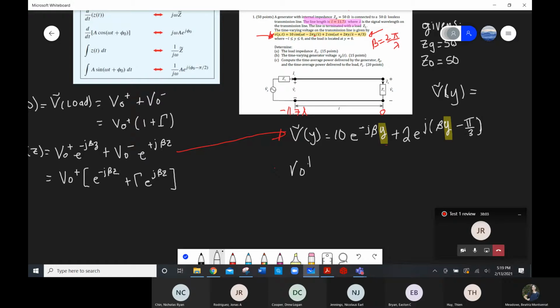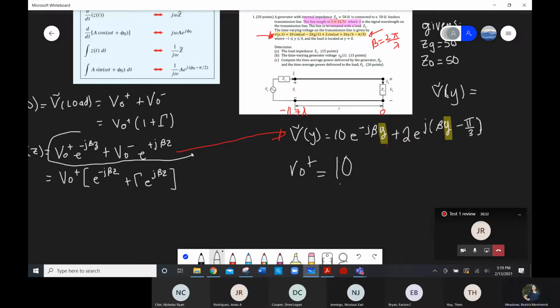It's going to be that 10e to the negative j beta z, but it should just be the, I'm not sure. You're almost there. Yeah, I think you were gonna guess it right. Is it just the amplitude of 10 or is it the whole thing? Okay. Just okay. So based on this equation that I have over here.